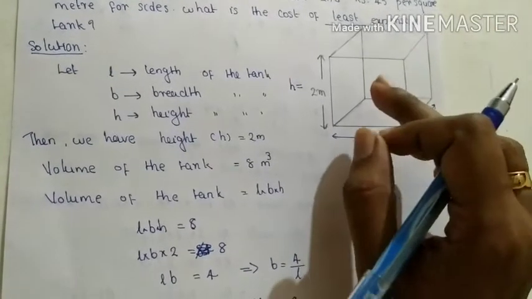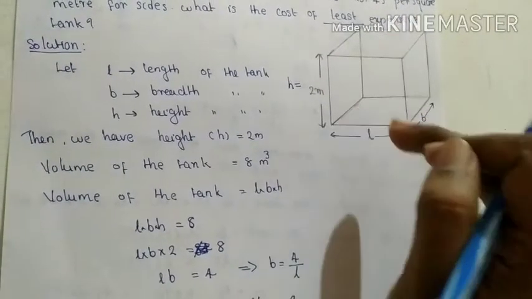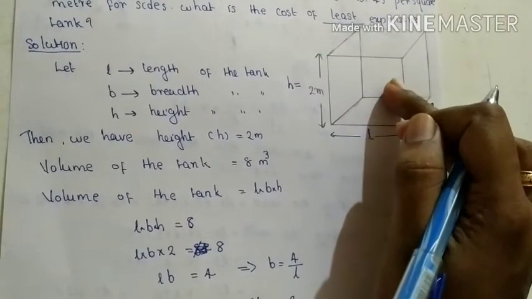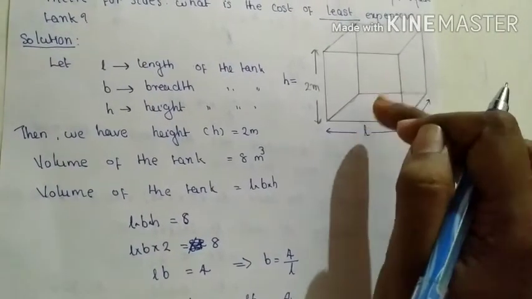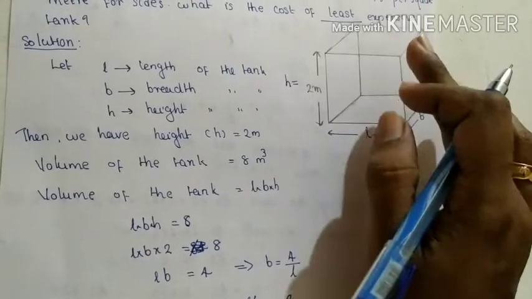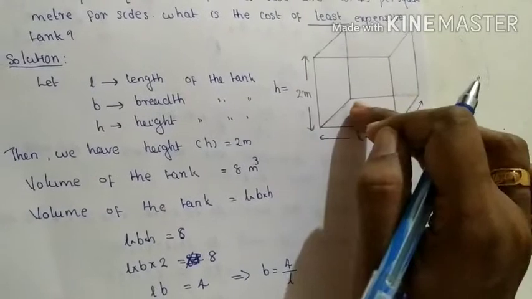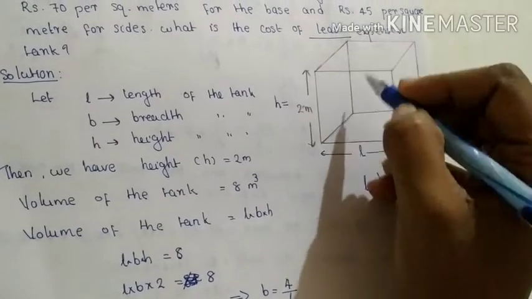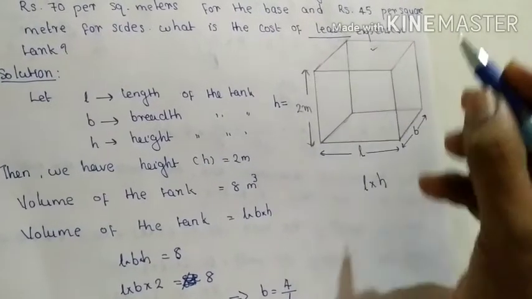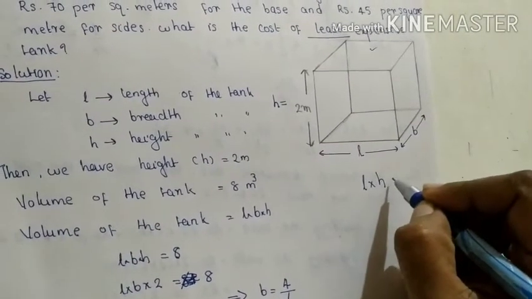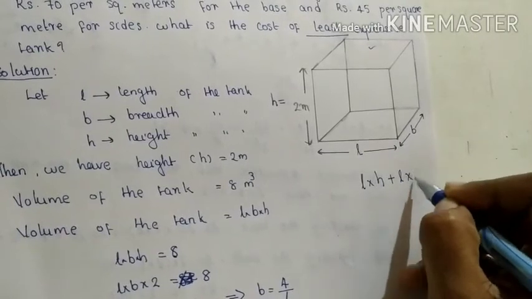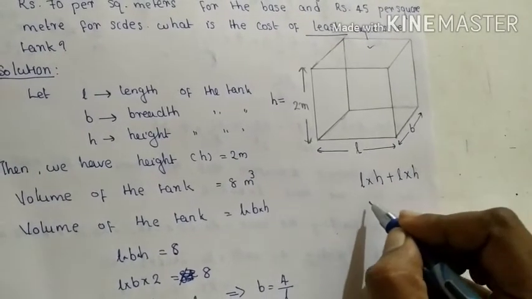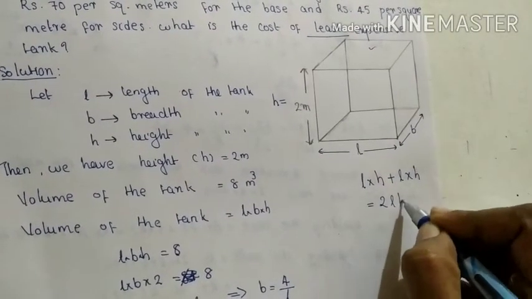So the area of these two sides is L into height, plus L into height for the other side. So we get 2L into H.